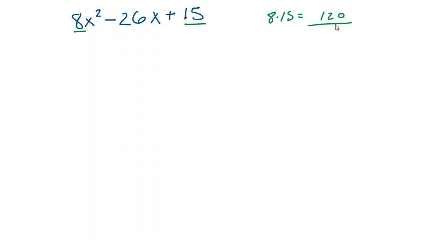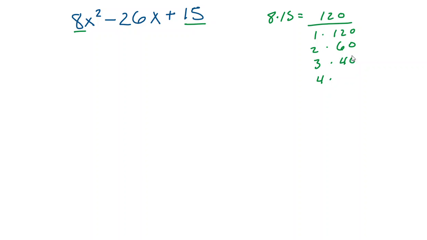Let's do it fast. 1 times 120, 2 times 60, 3 times, let's see, that's 40. 4 times, let me give you my thought process here. 120 divided by 3, well, 12 divided by 3 is 4, so it's 40.